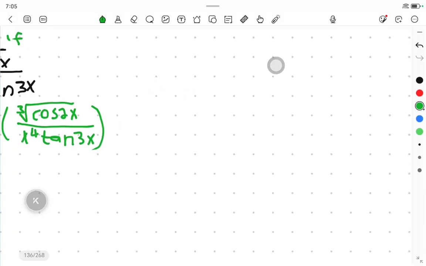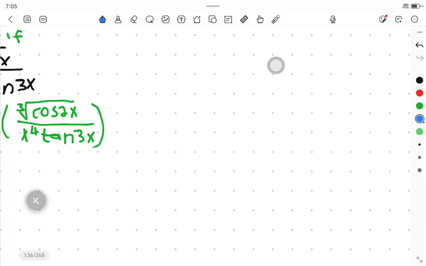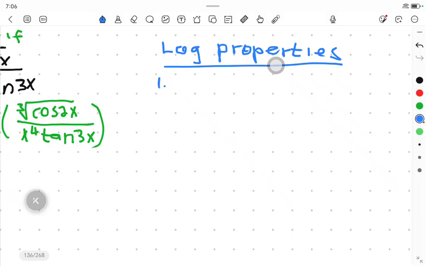If we come back to the logarithmic properties, we can discuss them here. Remember, log e is the same as ln. So log e of ab is log e a plus log e b.